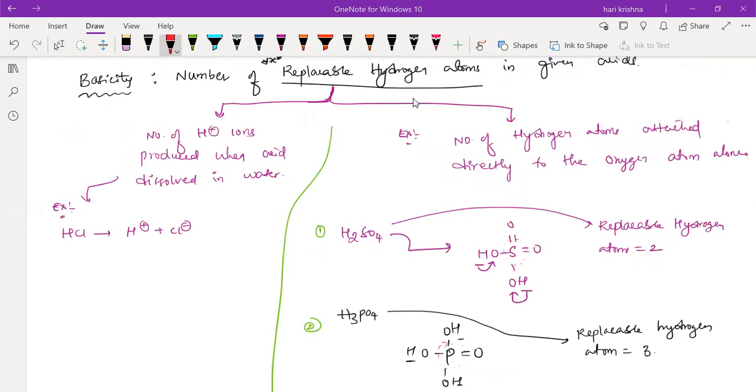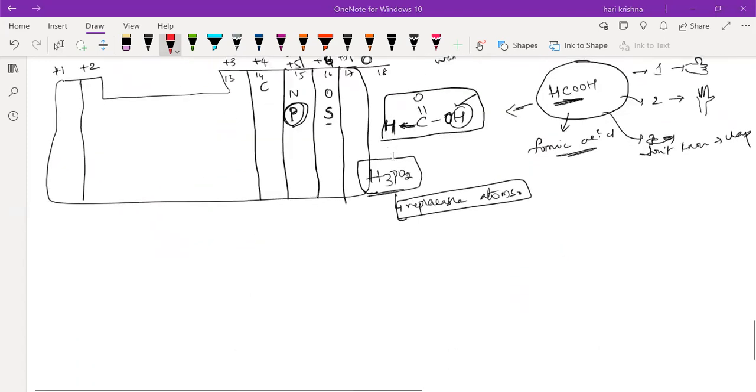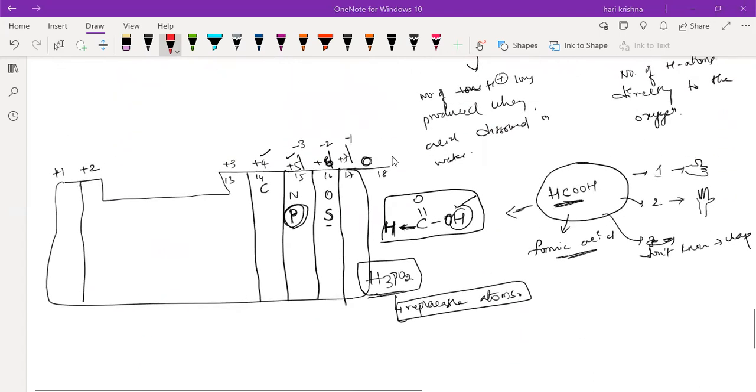How does sulfur have 6 bonds? Sulfur belongs to the 16th group in the periodic table. The 16th group valency is +6 or -2, so there should be 6 bonds around the sulfur. Phosphorus belongs to the 15th group.